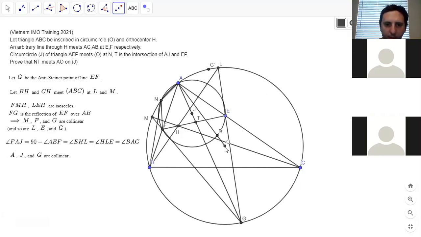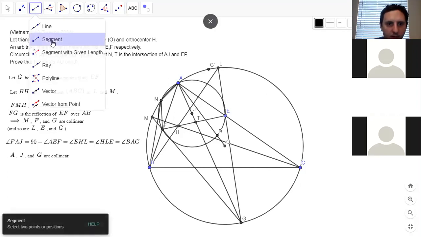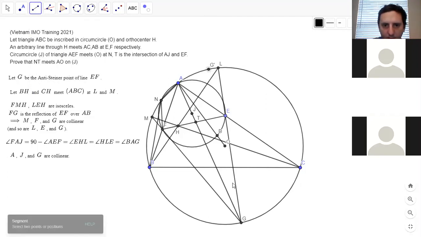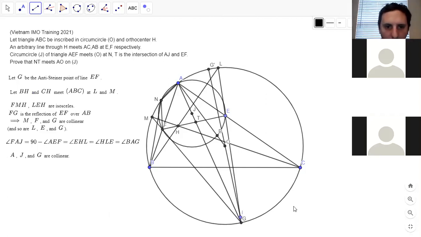So we have G prime BC, which is 90 minus GBC. And GBC is GAC.